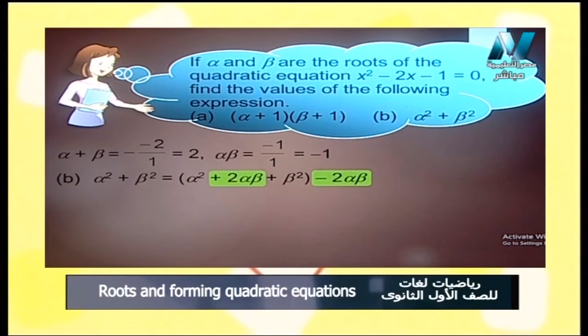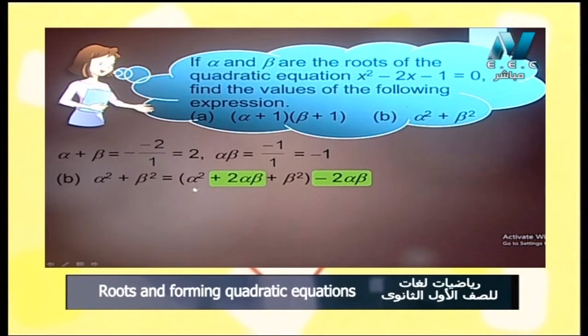B here, alpha power 2 plus beta power 2. We know that alpha power 2 plus 2 alpha beta plus beta power 2 is alpha plus beta all power 2. We add here 2 alpha beta, and we subtract 2 alpha beta to keep balance.